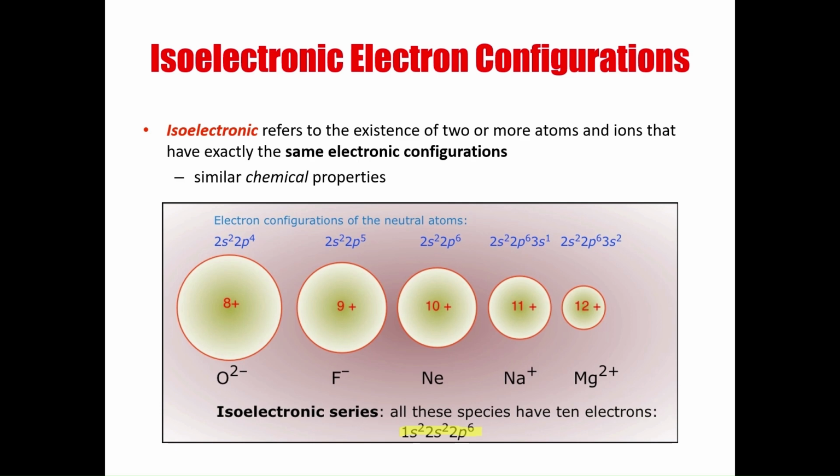We call this type of occurrence an isoelectronic series, where these species have exactly 10 electrons that match this particular atom. And of course, the same can be said of other noble gases that have elements which have ionized to match their electronic configurations.